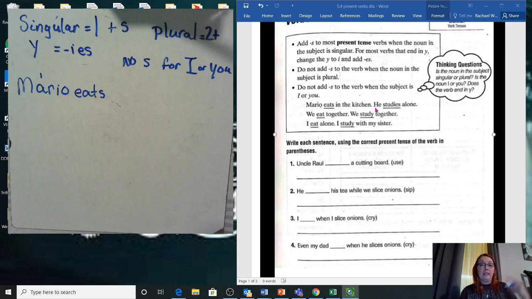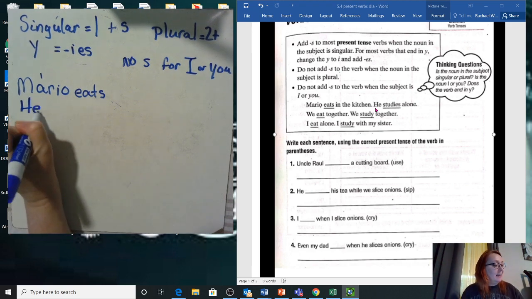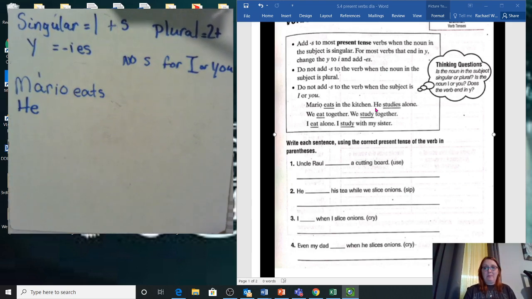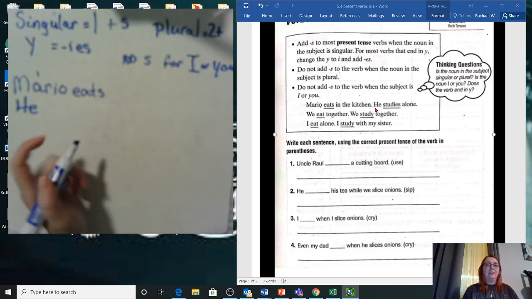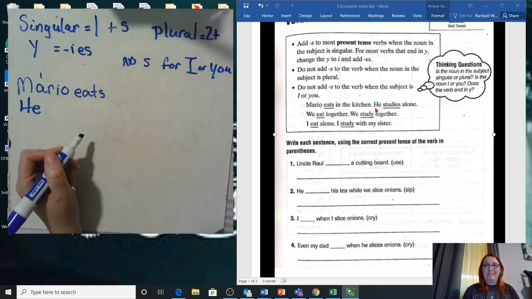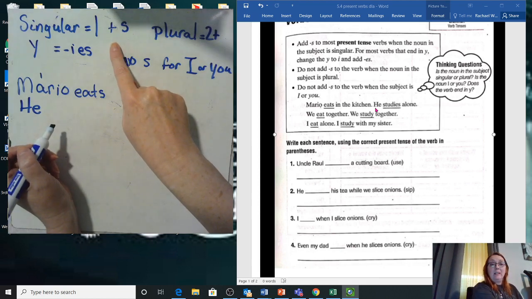He studies alone. What is the subject in he studies alone? There's only 3 words. I hope you got it. He is our subject. Is he singular or plural? Is there more than one he? Or is it singular and there's only one he? It is singular. So, are we going to add an S?